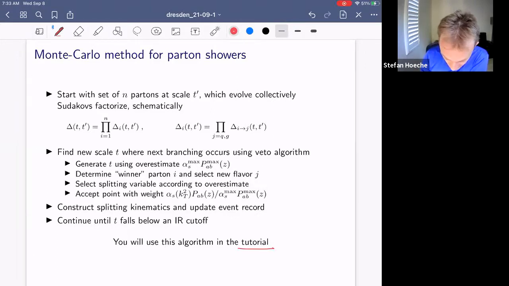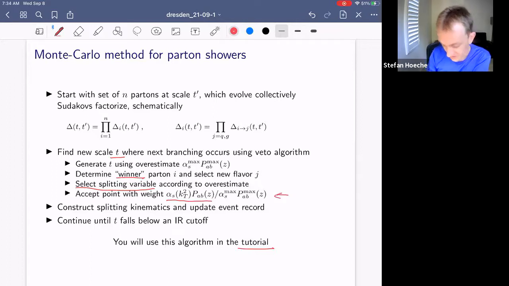You find a new scale t where the next branching occurs using this Veto algorithm. You determine a winner Parton, which is the one that branches, and select a new flavor. You select the splitting variable according to your overestimate function. That was your little f of t, or more precisely, it's alpha s times your splitting kernel that I introduced previously. And then you accept the point with the weight that is shown here.